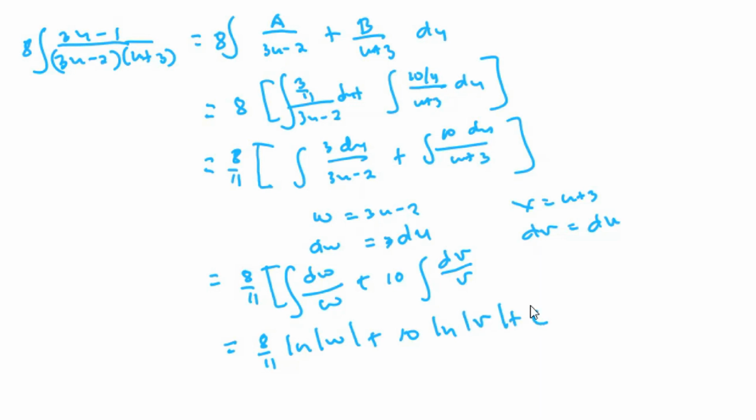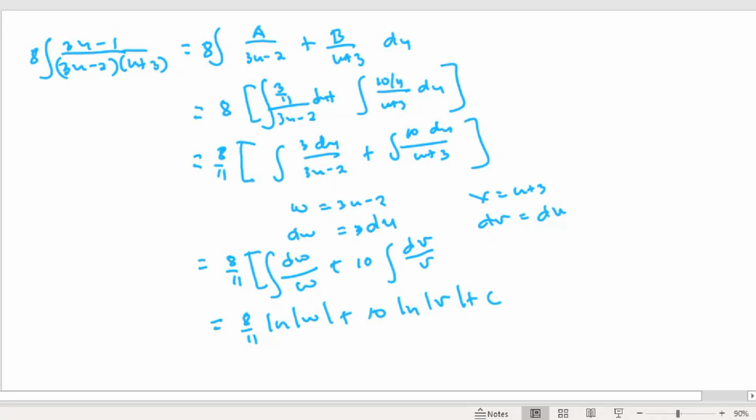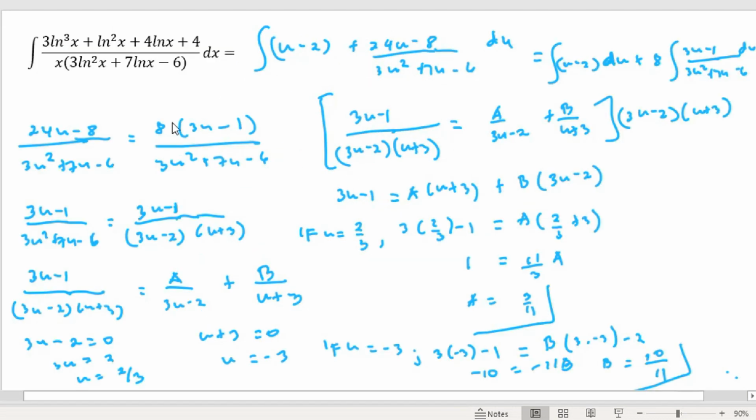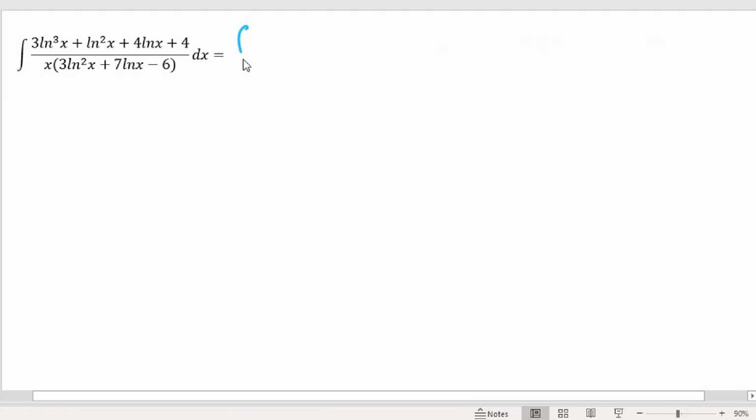But we are not yet done because that's only the integration of the second term. So rewriting from the first term, we have the integral of u minus 2 du plus 8 times the integral of 3u minus 1 over 3u minus 2 times u plus 3.